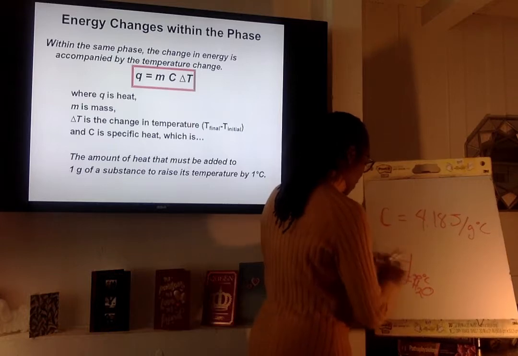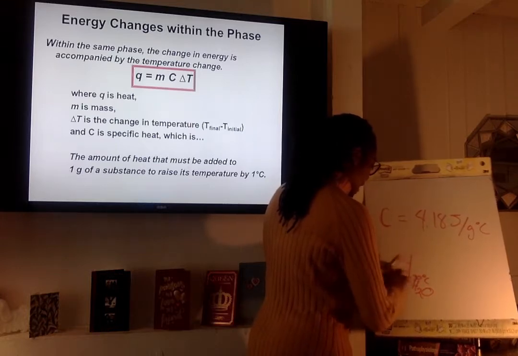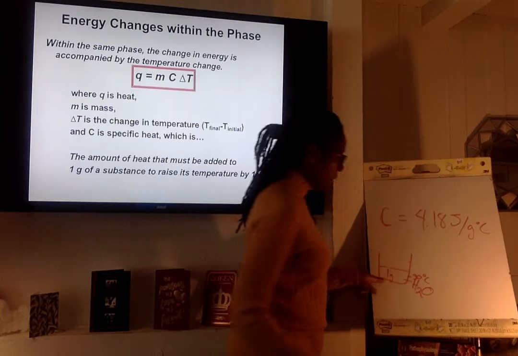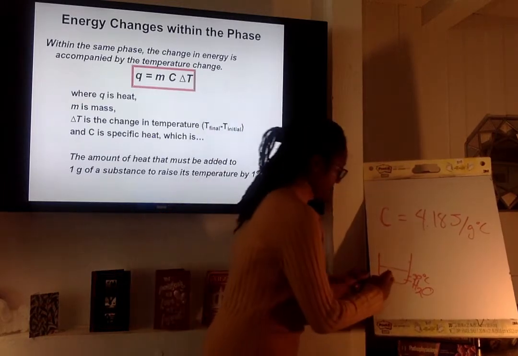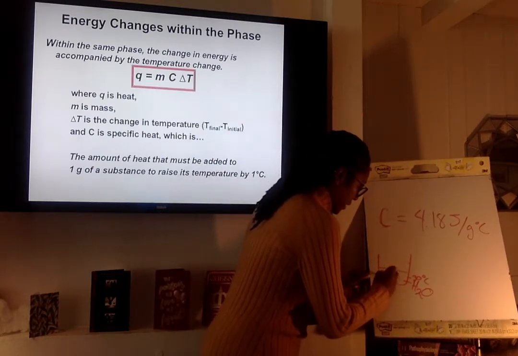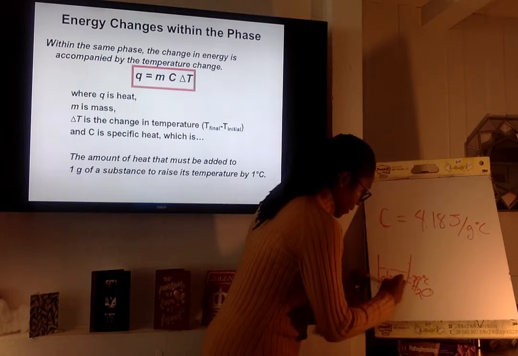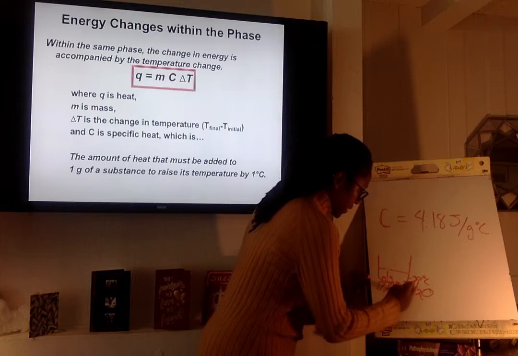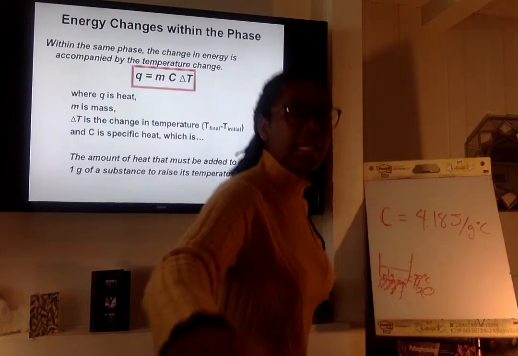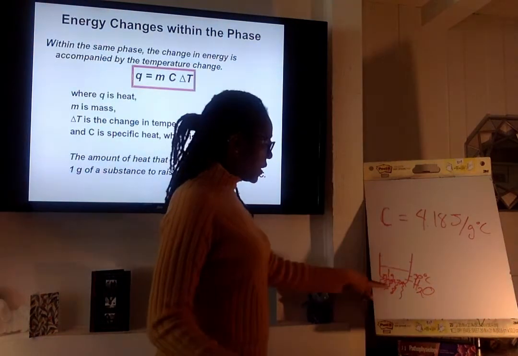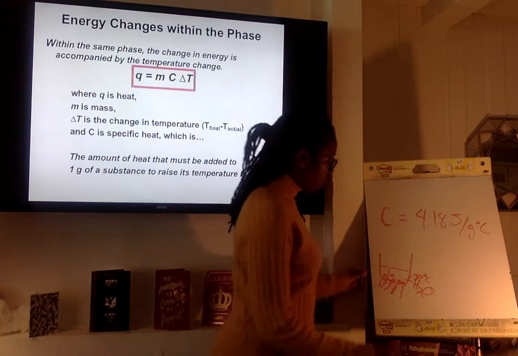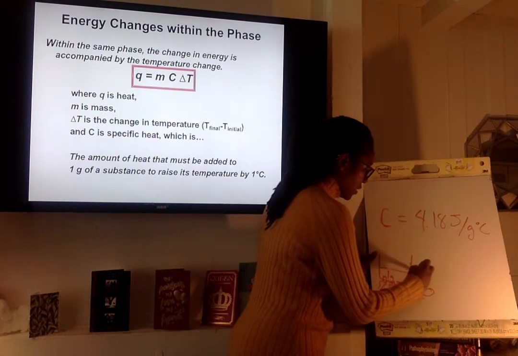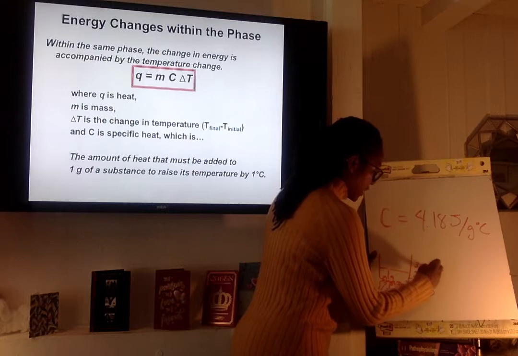How much heat do I need to add to get the temperature to go from 30 to 31 degrees Celsius?